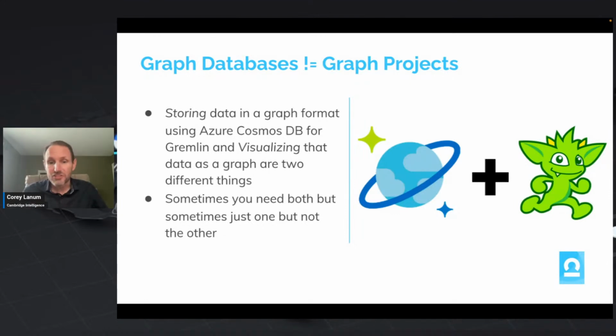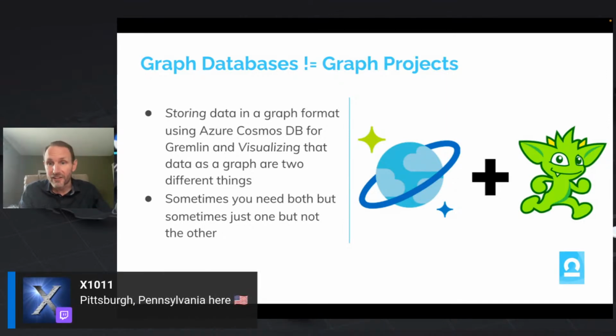Similarly, in the opposite direction, I may have a graph database because I really benefit from storing and analyzing the data that way, but I don't want to show the user that I'm using that. I just want to give them answers in a different format. So let me show you a couple of examples where you might want to use one and not the other.